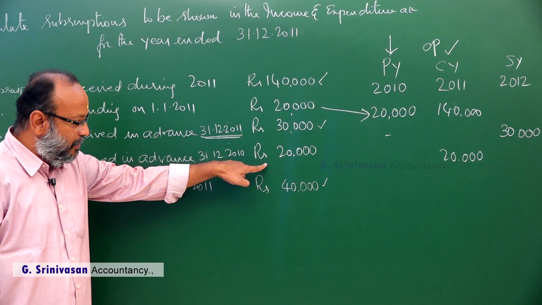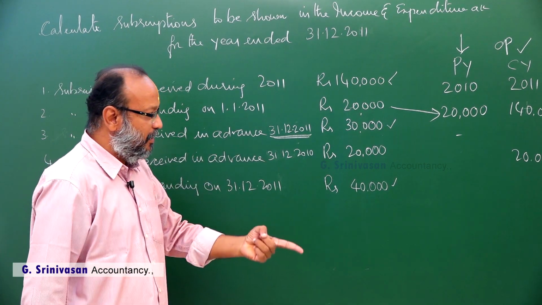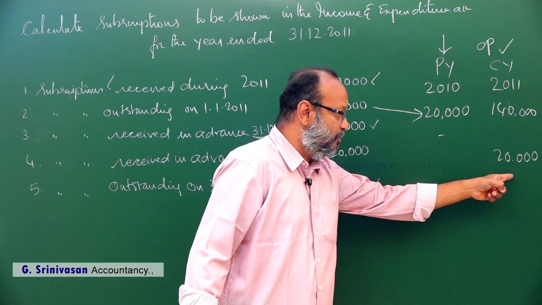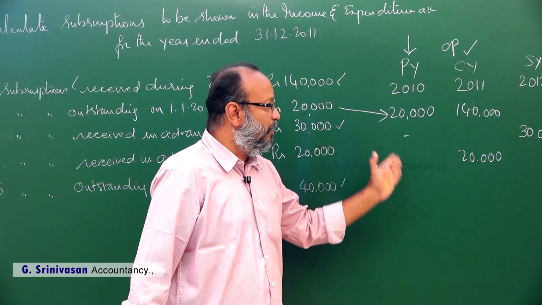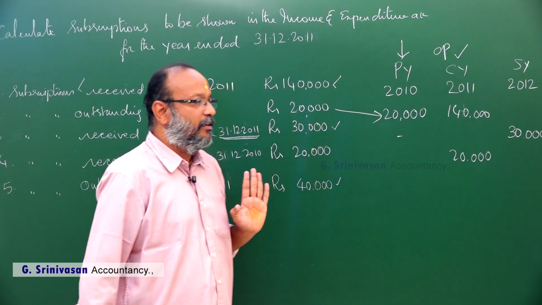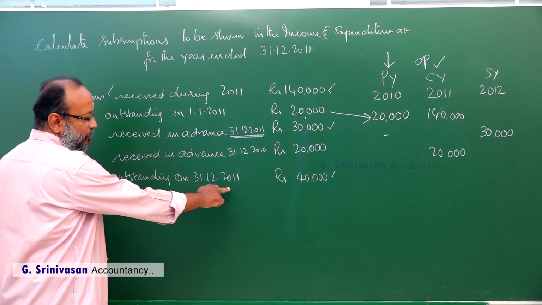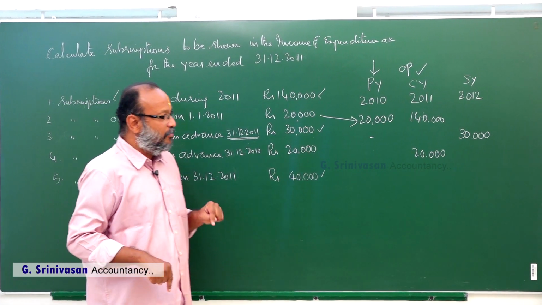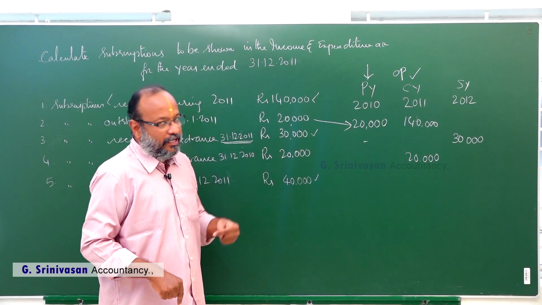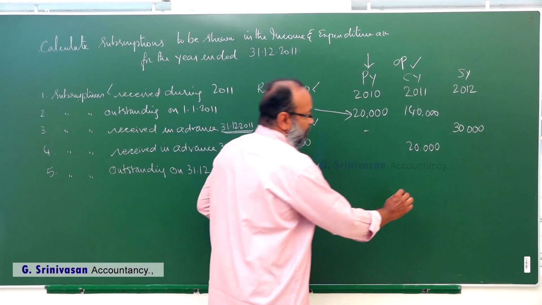This 20,000 we have received in the previous year, but it is related to the current year. So, we have to add that 20,000. Whatever is related to the current year, we add. Whatever is related to previous year, subsequent year, we minus. Right. The next one, outstanding on 31/12/2011. Current year outstanding. Current year outstanding means it has to be accounted this year itself. So, this 40,000 we have to add.